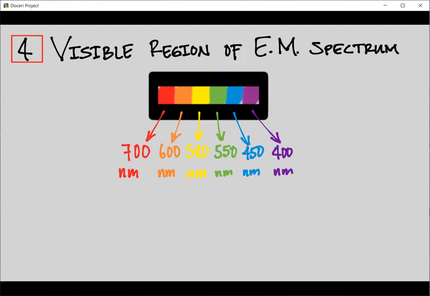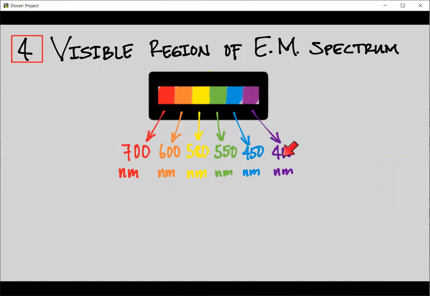And you know that ultraviolet can cause sunburn, and it's higher in energy compared to infrared. You can see that the color red is closer to infrared. And if infrared is lower in energy than ultraviolet, then red must be lower in energy compared to violet itself. And so energy increases from left to right in this region.